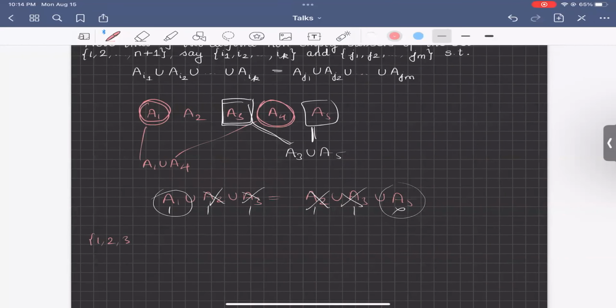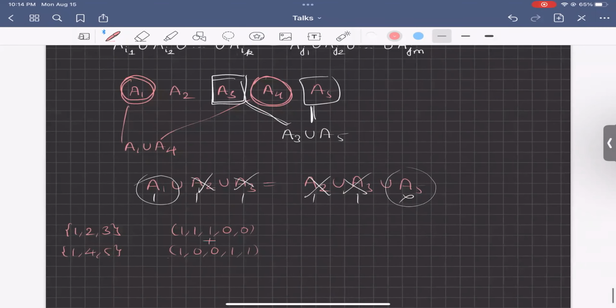For example, if I have the set 1, 2, 3 and another set 1, 4, 5, and let's say n is 5, then this corresponds to the vector 1, 1, 1, 0, 0, and this corresponds to 1, 0, 0, 1, 1, right? The ith element is 1 if that i is in the set. But if I just do the XOR operation and take a union here, I'll get 0, 1, 1, 1, 1. But that's not good because I still want this to be a 1.